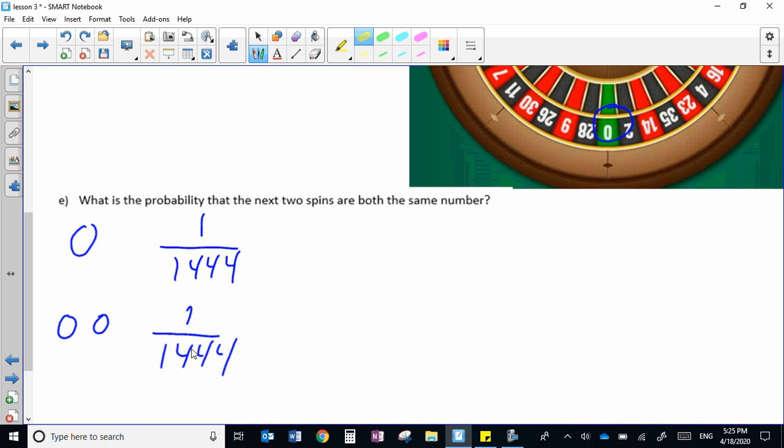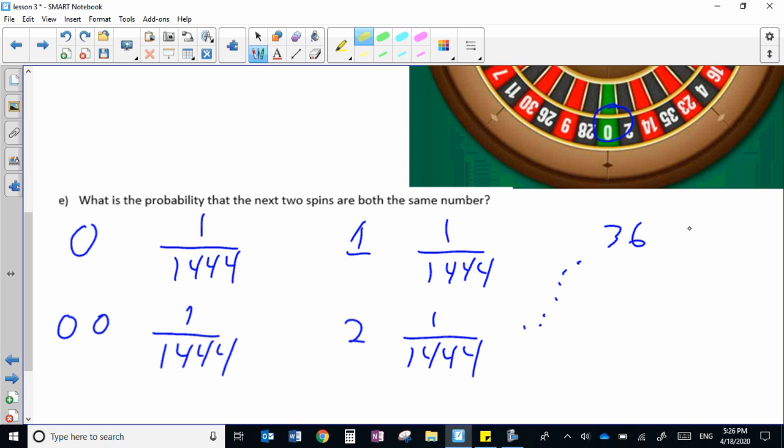We could then look at the probability that they're both ones. Both twos. You see what I'm getting at here? All the way until we get to the number 36, the last number, the probability of two 36s in a row is still 1 out of 1,444.